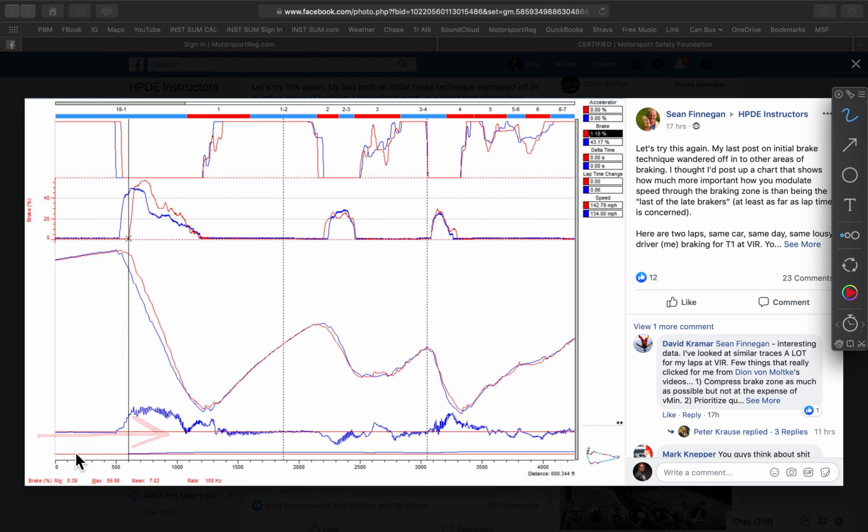All you need to know is that right here is 0 feet, because it says zero distance, and this is a distance represented in feet. If this is 0, that means this is the start finish line.